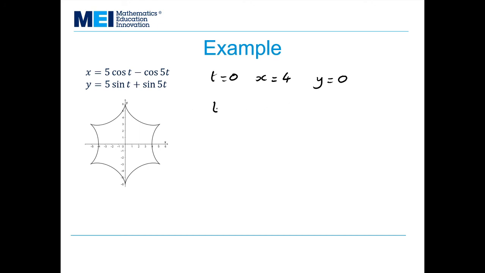And then at t equals pi, I've got x equals minus 4 and y equals 0 again.